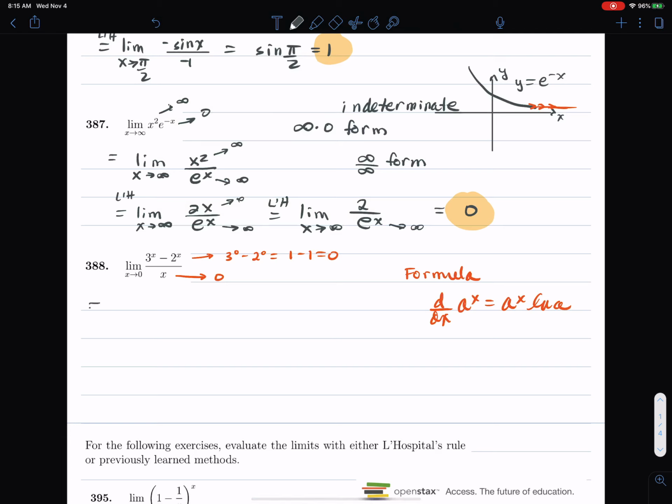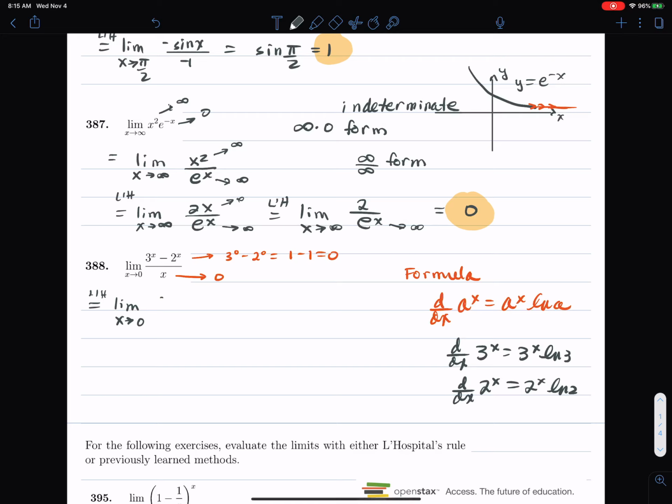And so for using L'Hopital's rule, the derivative of the numerator, all right, so on the side then, if a to the x has derivative a to the x ln a, then 3 to the x has derivative 3 to the x ln 3, and the derivative of 2 to the x is 2 to the x ln 2.